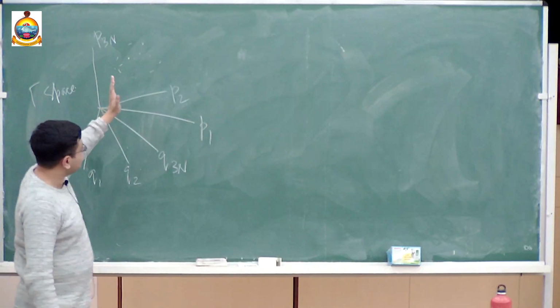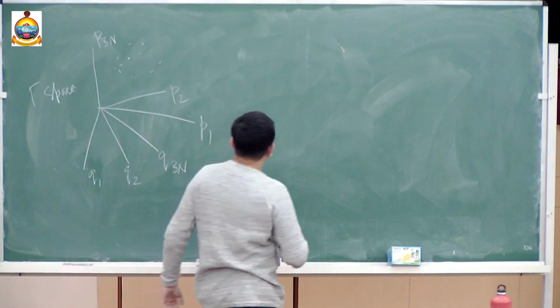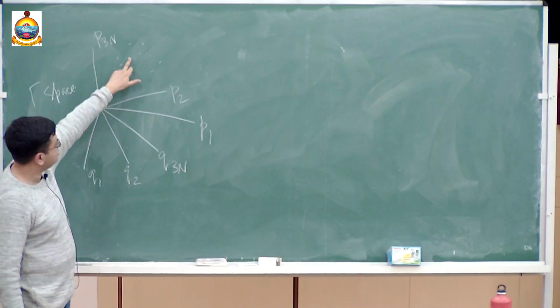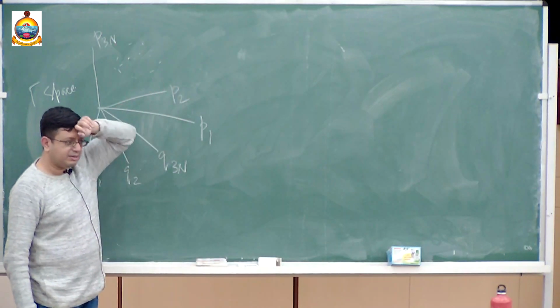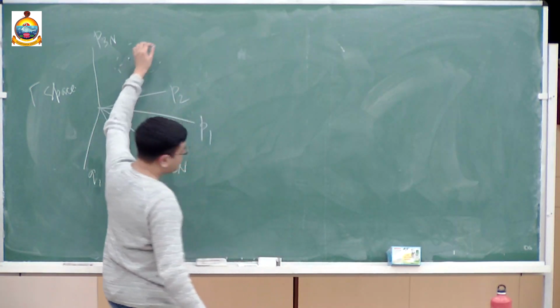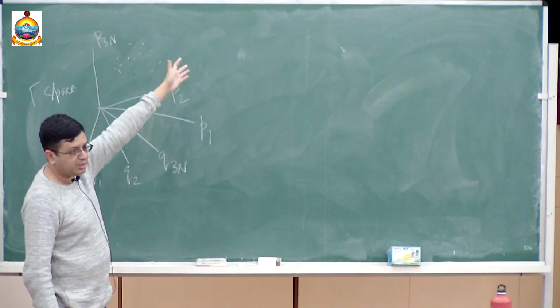Now what is going to happen as time passes by? Each such point has 3N coordinate components and 3N momentum components. These points are going to move around in time. Each point is going to move around in time.